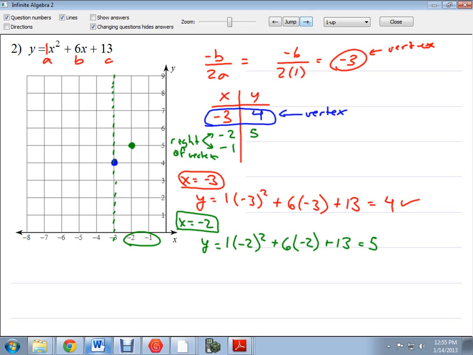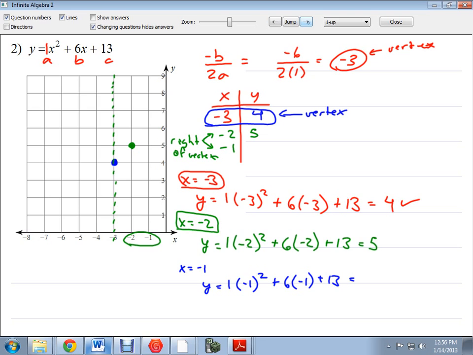I am then going to calculate out a third point. Our other x value that we're going to use is negative 1. X equals negative 1. We'd say y is equal to 1 times negative 1 squared plus 6 times negative 1 plus 13. It's the same type of idea as what we just did. We plug in negative 1 for x into both of the locations, and we calculate out again.